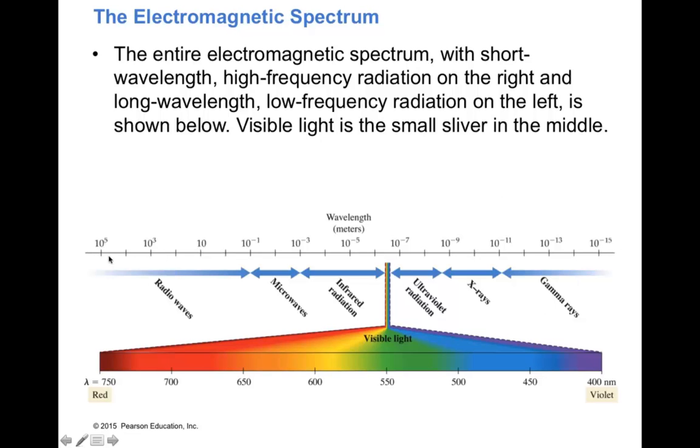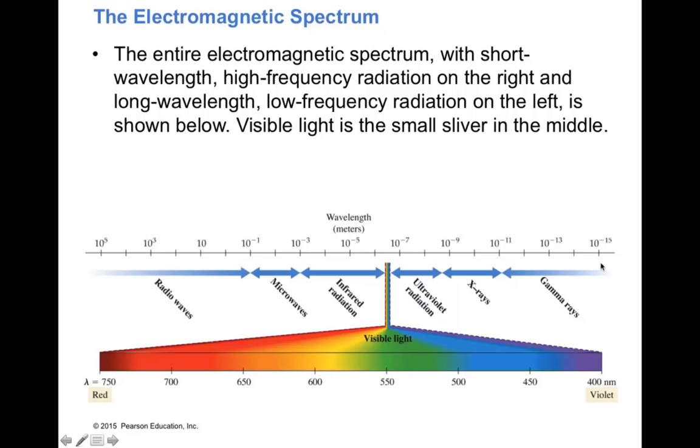So if this is the longer wavelength, the frequency is going to be lower. So you're going to have less energy compared to the gamma rays. The gamma rays are the ones with the shorter wavelength, so they have a higher frequency and high energy.